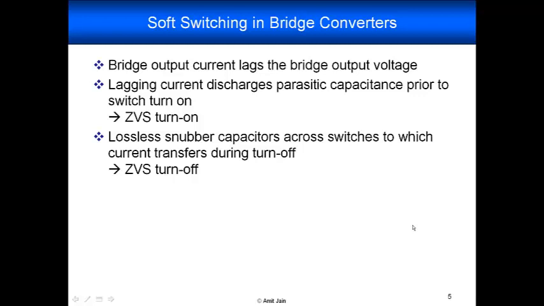So when you change the polarity of the bridge output, the current polarity remains the same, and the lagging current discharges the parasitic capacitance at the node which changes polarity in voltage, and that is what gives you 0 voltage switching turn on. Once you're able to get 0 voltage switching turn on, then you can add lossless snubber capacitors directly across the switches, and that'll help you get 0 voltage switching turn off also.